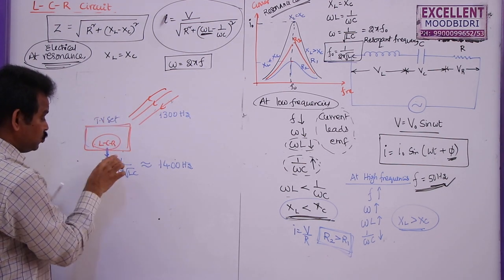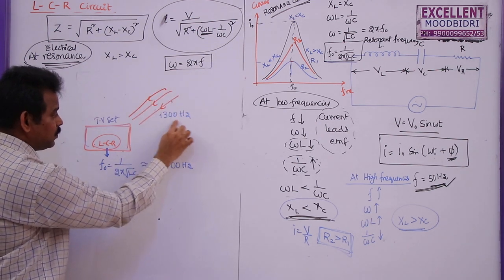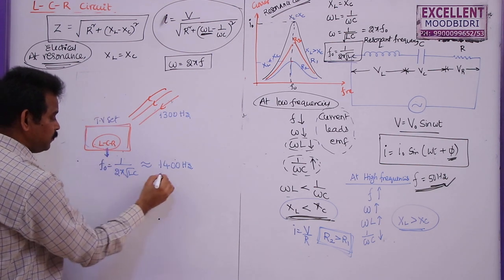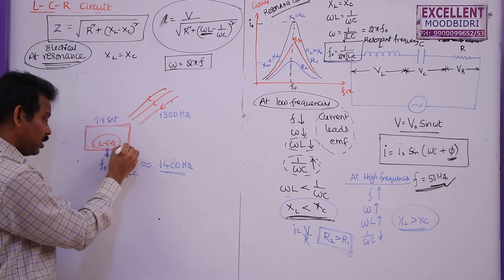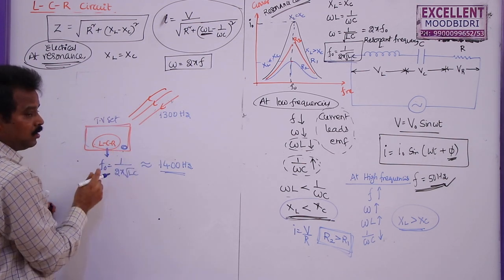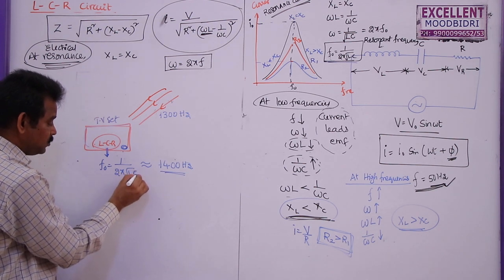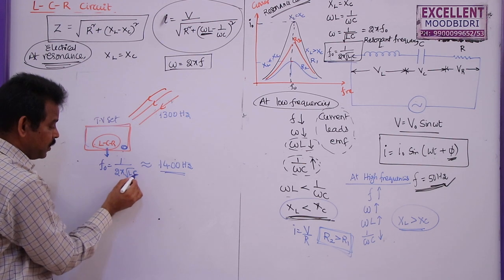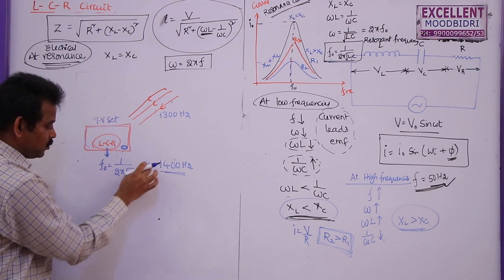Now here, the input signal has a frequency of 1300 Hz, but our TV set has a resonance frequency of 1400 Hz. So we need to tune the tuner by adjusting either L or C. Generally we change the capacitance C value. I need 1300, so for this I need to increase this value, because these two are inversely proportional to each other.